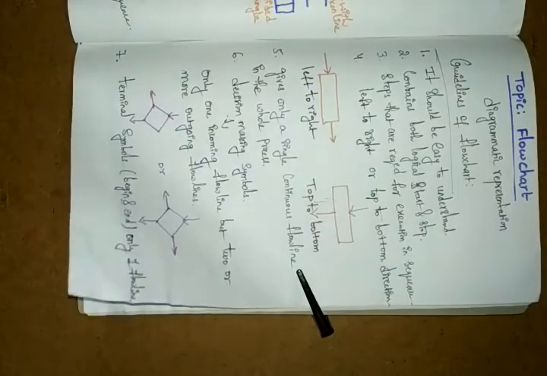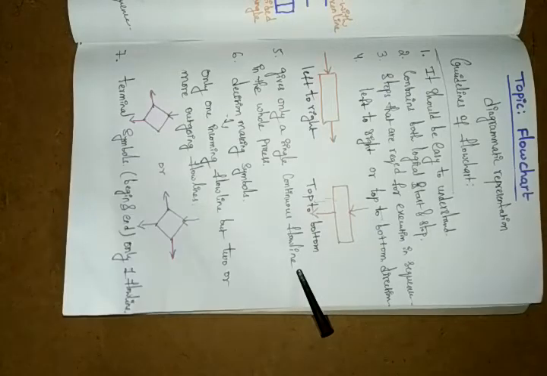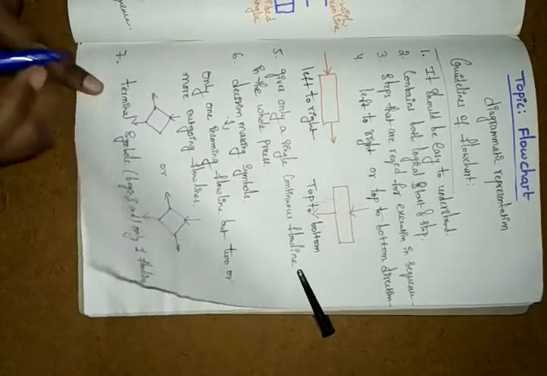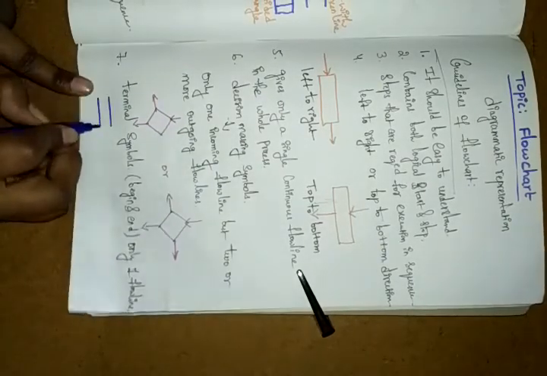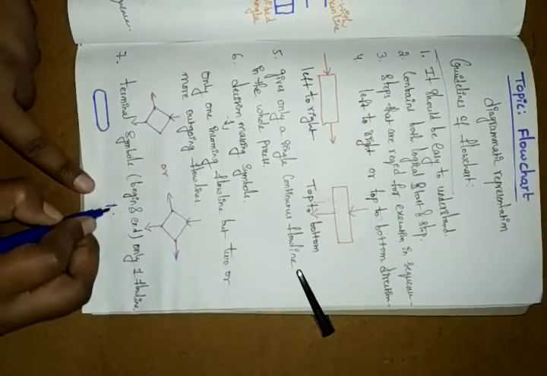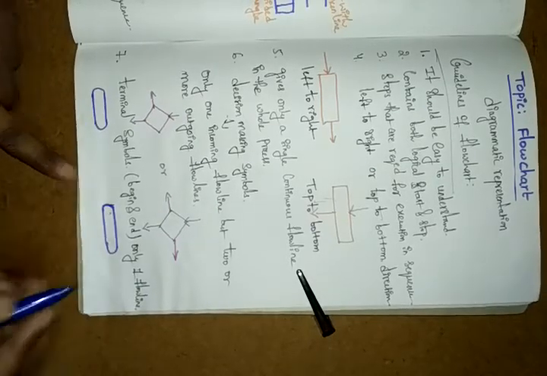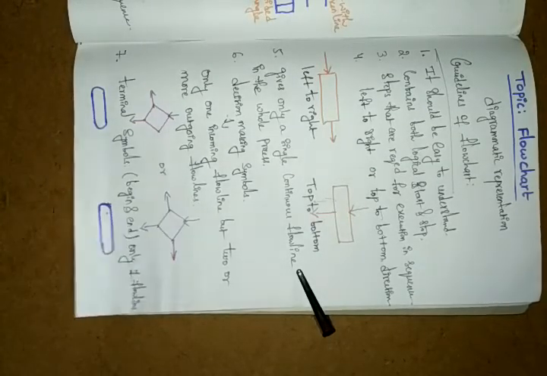It is not having more than one flow line. Let's see. Here we have the terminal symbol, right? Here this is our terminal symbol.